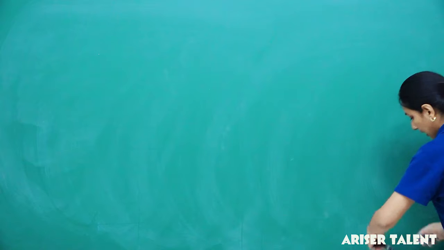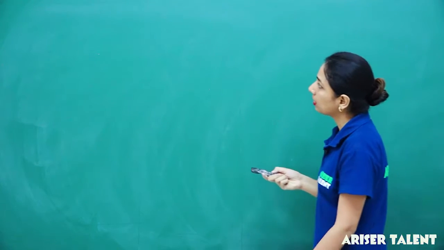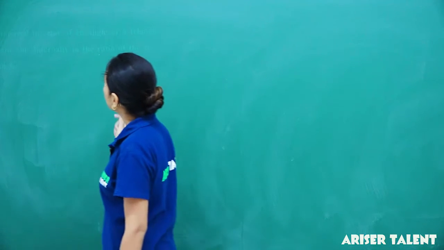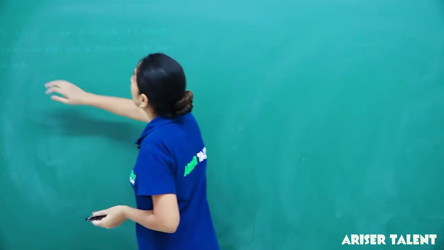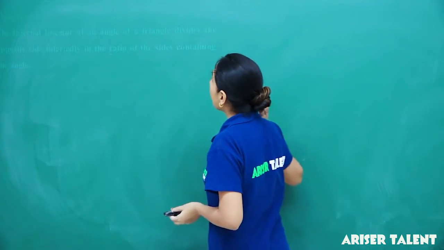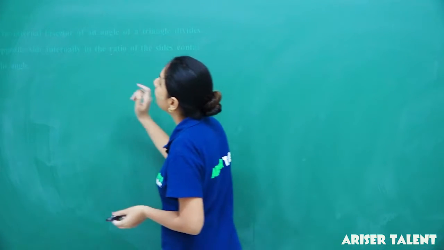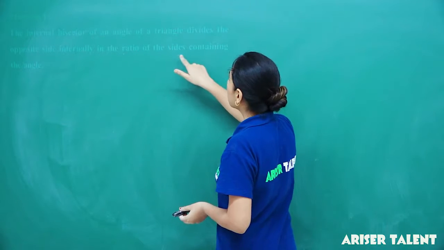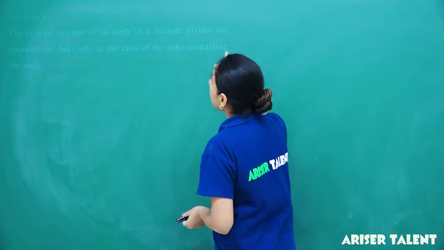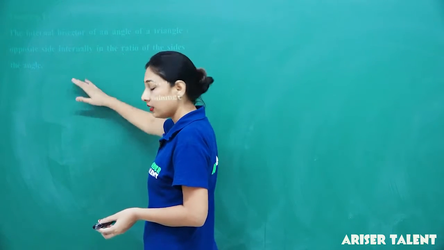Okay students, and we are having this question also, this theorem also. The internal bisector of an angle of a triangle divides the opposite side internally in the ratio of the sides containing the angle.